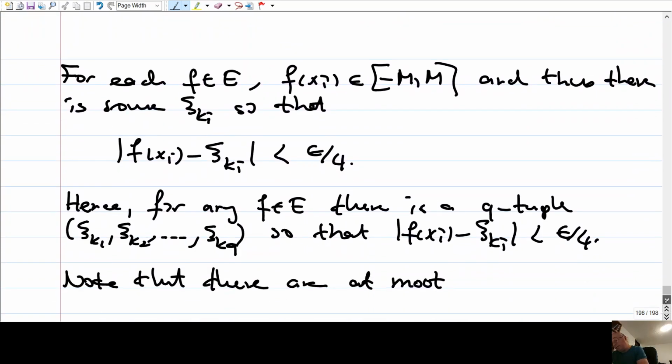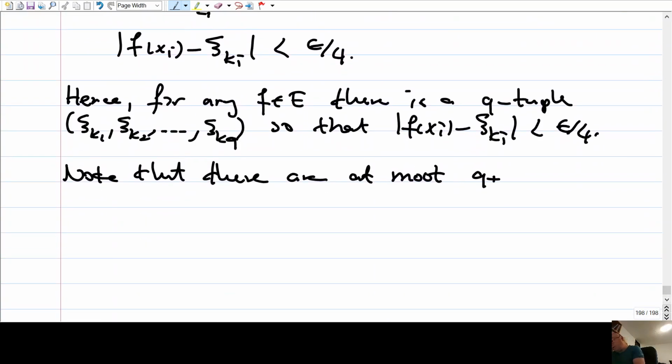So I have q plus 1 to the power q such q tuples. In particular, there are finitely many of them. Okay.